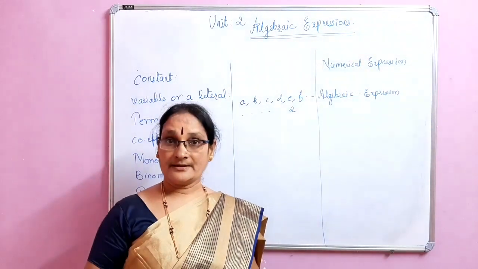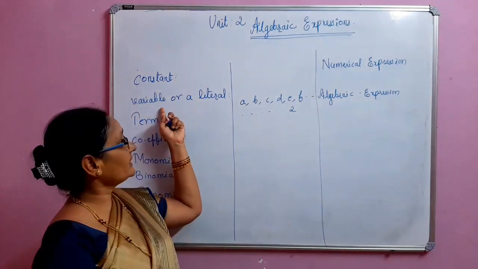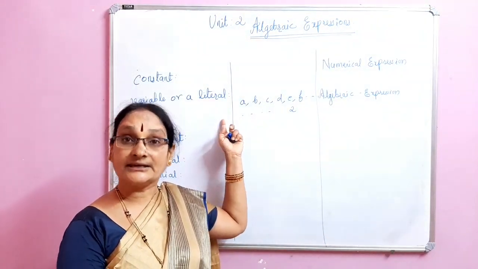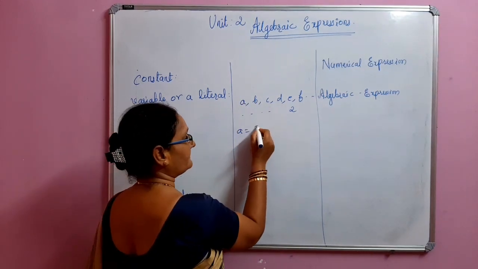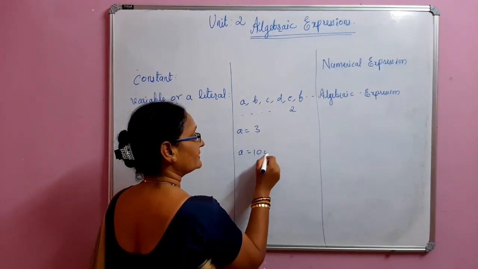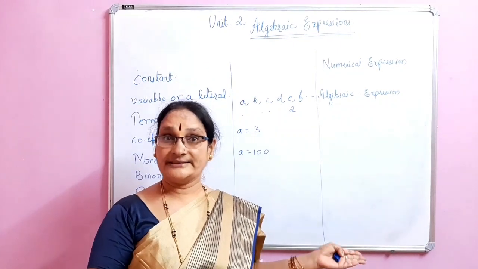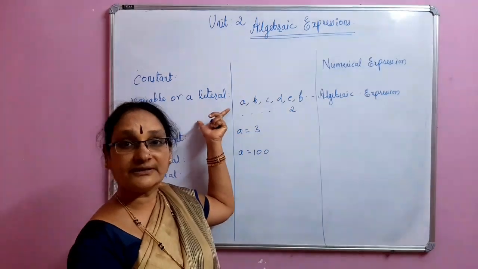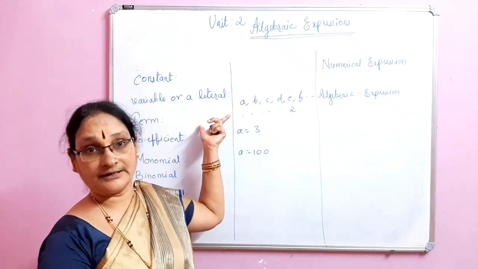They keep varying their values, so they are called variables or literals. Another name for variable is literal. See here, the value of a in one problem may be 3. In another problem, a may be taken as 100. So, according to the situation, they take their values. They vary their values, so they are called variables. Very important in algebra. We use these variables very often.